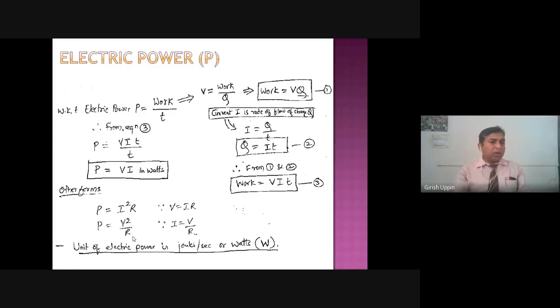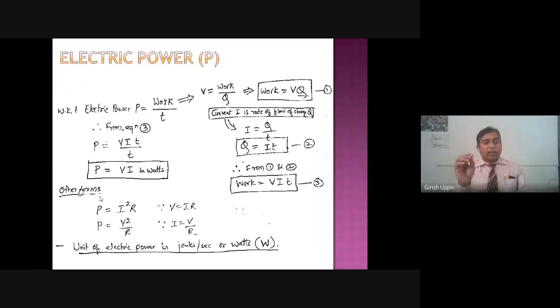You need not remember all. If you remember P is equal to VI and V is equal to IR, that is sufficient. Why we have these different forms is that whenever they give a problem for analysis, depending upon which parameters are known and which are unknown, you can choose the appropriate equation.